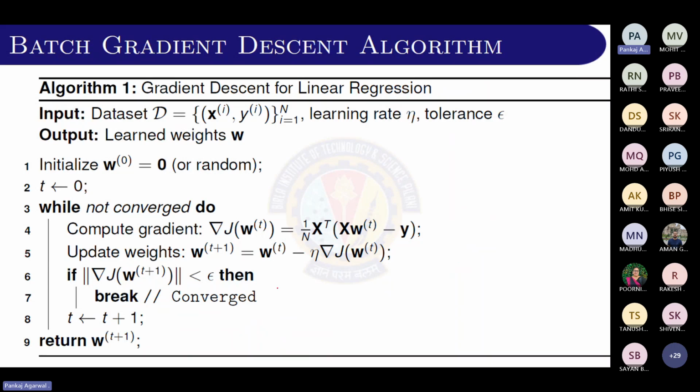This is a typical algorithm. You do not have to follow this exactly, I mean, how you can present it, right? So how the input is. Mathematically, it might look very complex, but these are a set of inputs and outputs, right? Then the output is the learned weights. That is what you need.